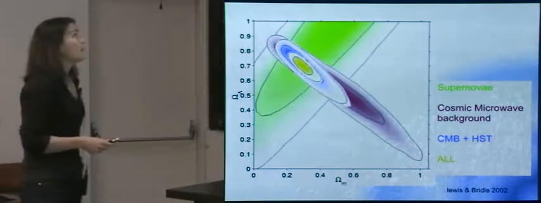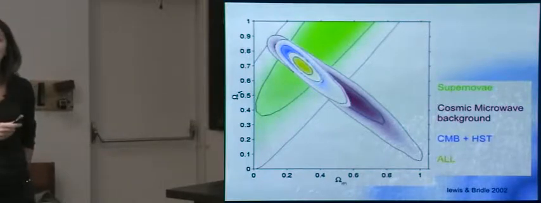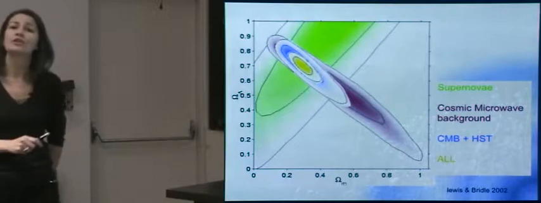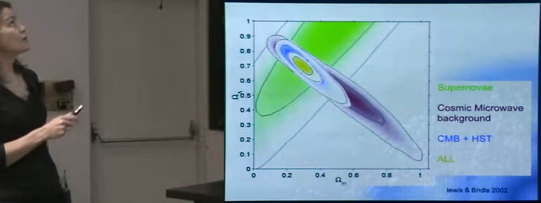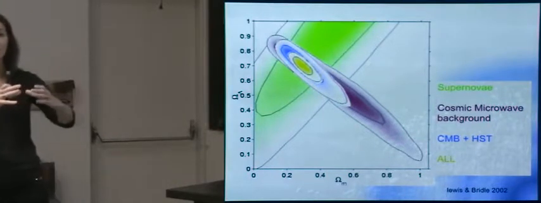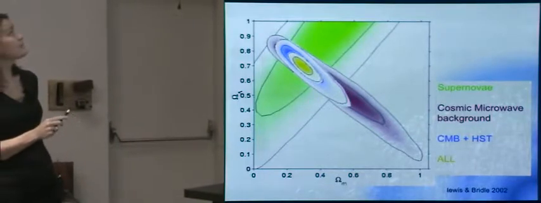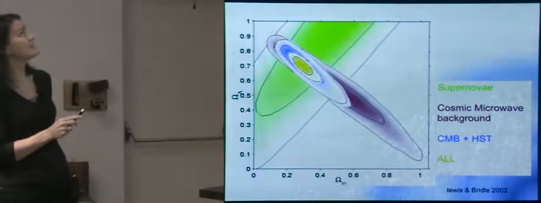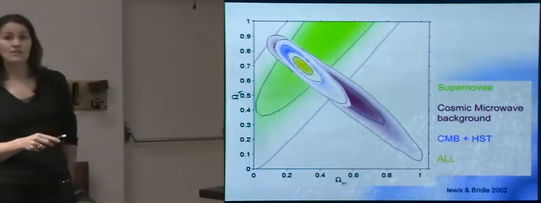So one of the plots that physicists like to show in their papers is confidence intervals. So when you hear in the news a 5 sigma detection of the Higgs field, really what they're saying is these different confidence intervals. These are regions where we think the parameter value lies. And this plot is showing you the amount of dark energy on the y-axis. So this 0.7 is the 70% value. And on the x-axis is the amount of matter in the universe.